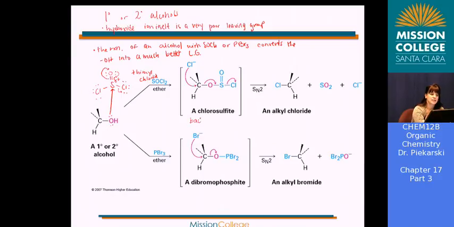Remember, this is an SN2 mechanism, because we're working with primary and secondary alcohols to start with. This backside attack means these electrons come here to form a double bond between sulfur and oxygen. We kick off the leaving group. We're able to make sulfur dioxide and chloride, and now our new alkyl halide, which has inversion stereochemistry.